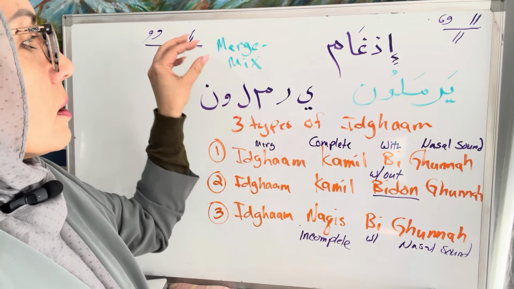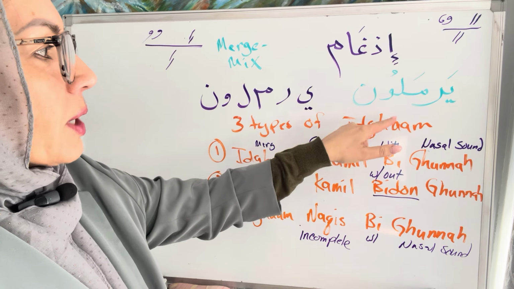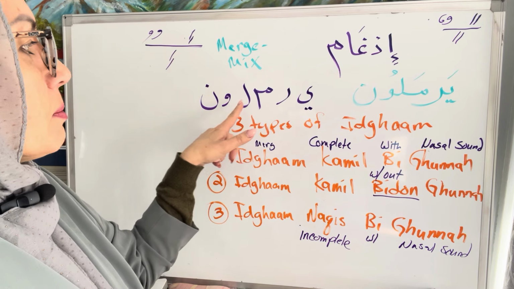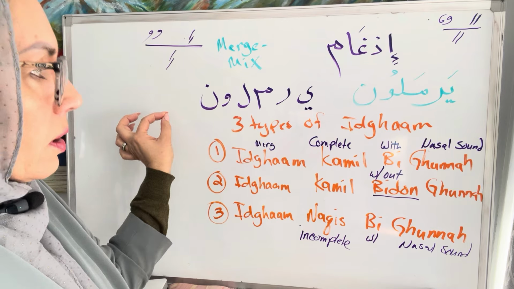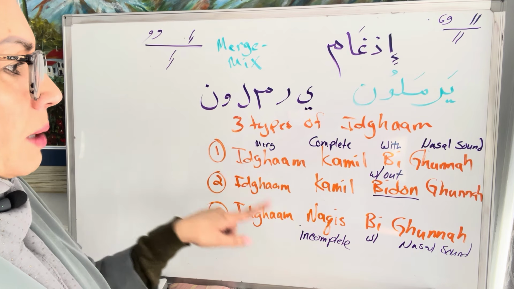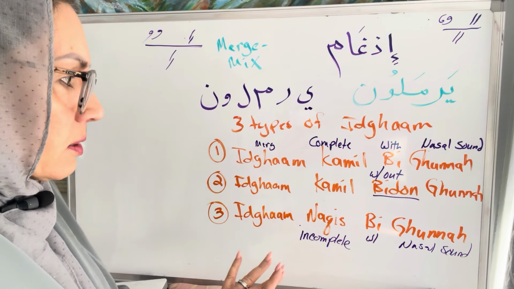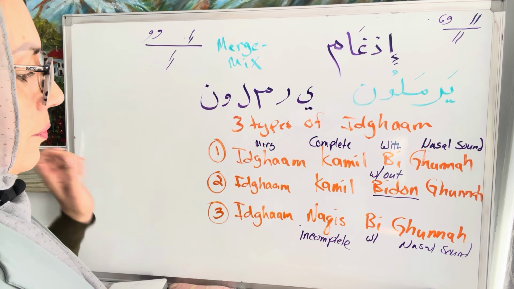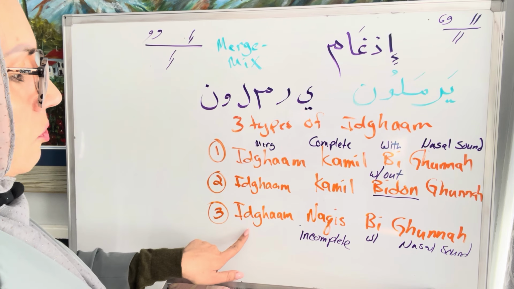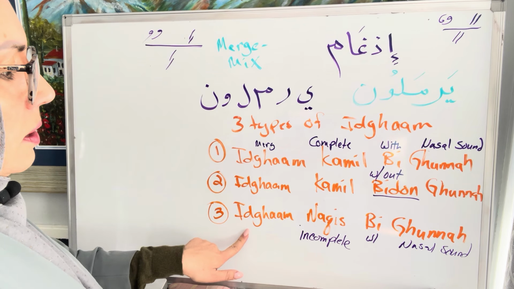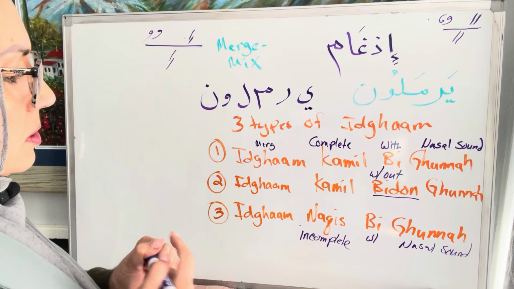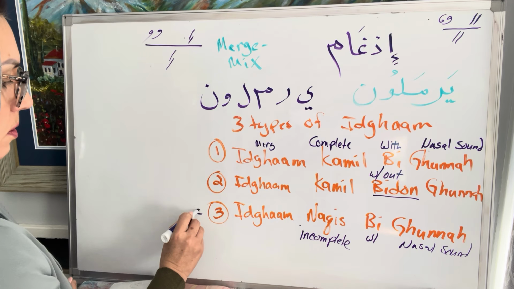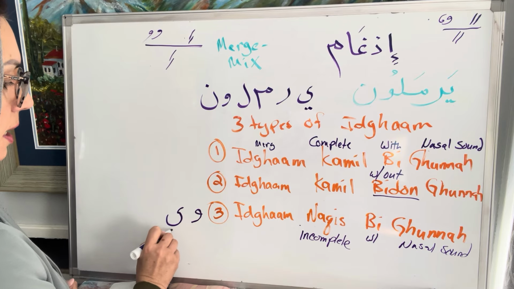Idgham means merge or mix, and the letters that we have to deal with for idgham are yarmalun, meaning ya, ra, mim, lam, waw, and noon. Okay, and before I erase this, it's good to point out that the letters that deal with idgham naqis are waw and ya.